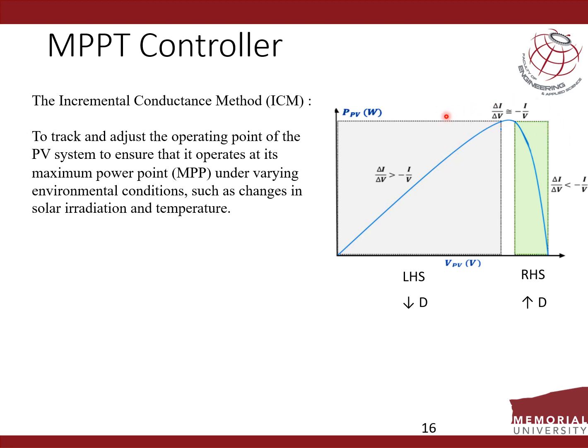By comparing this ratio with predefined value, which is this much, the direction to adjust the operating point is determined. The system just compare and conclude if we are in left hand side or right hand side. If we are in this region, the duty ratio should decrease, and if we are in this side, right hand side, the duty ratio should increase.